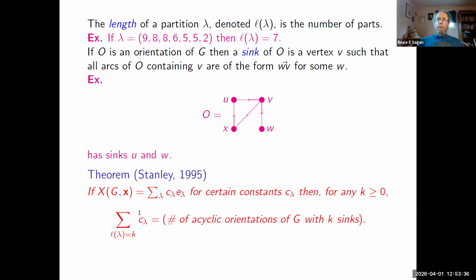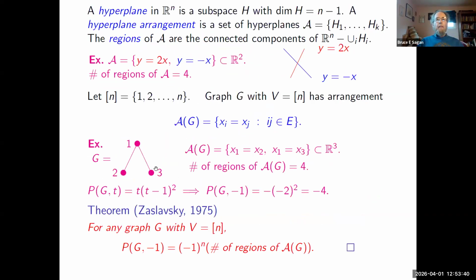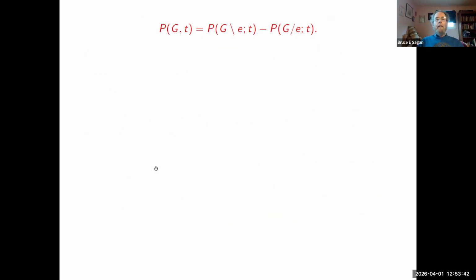Let's go back to the deletion-contraction law. Suppose this was a chromatic symmetric function. Each of the terms in that function has degree n, where n is the number of vertices, right? Because you're multiplying one x for each vertex that you've colored.